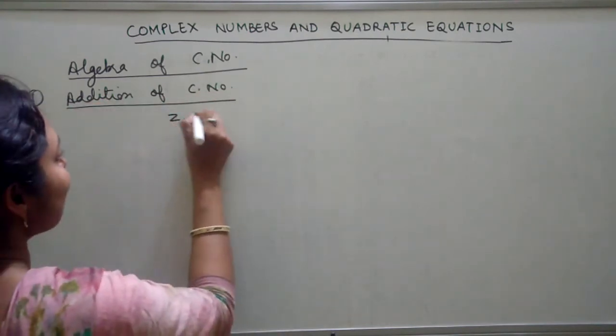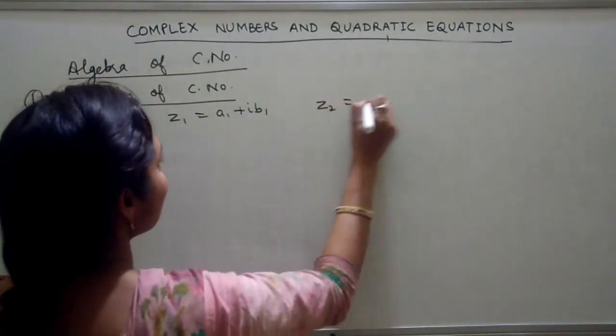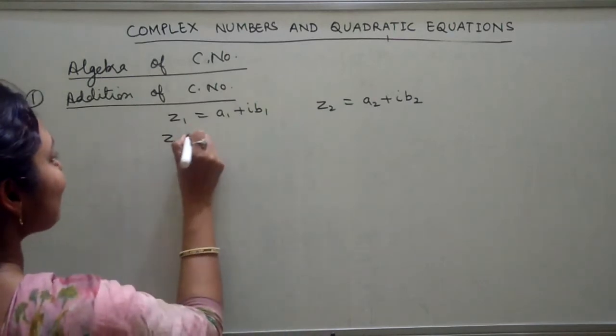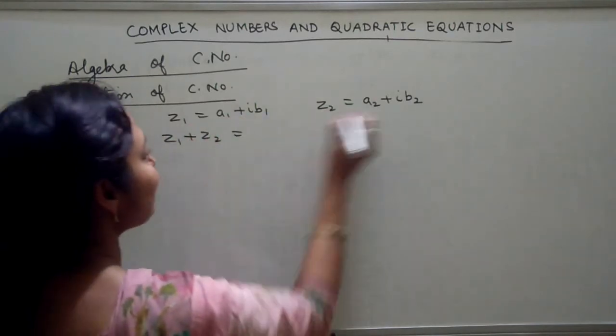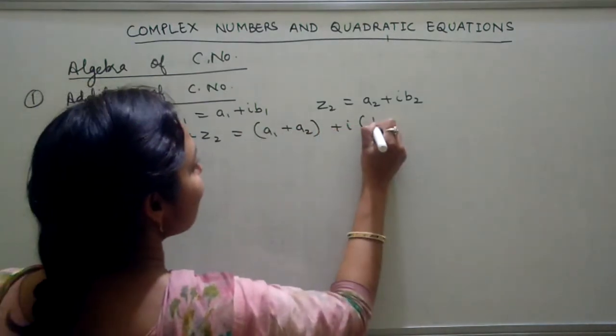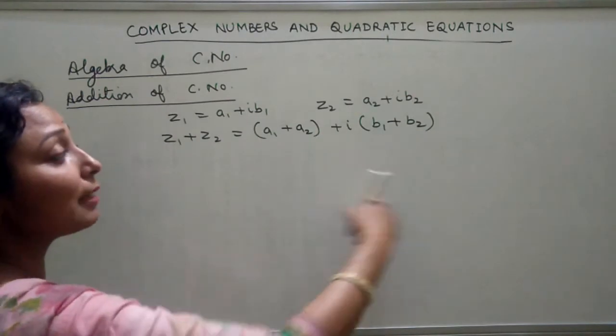Let us suppose z1 equals a1 plus iota b1, z2 equals a2 plus iota b2. If I want to add these two, real will be added to real, plus iota times imaginary added to imaginary. So this is again a complex number.